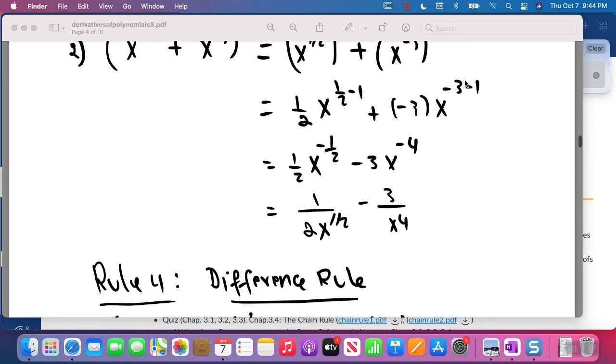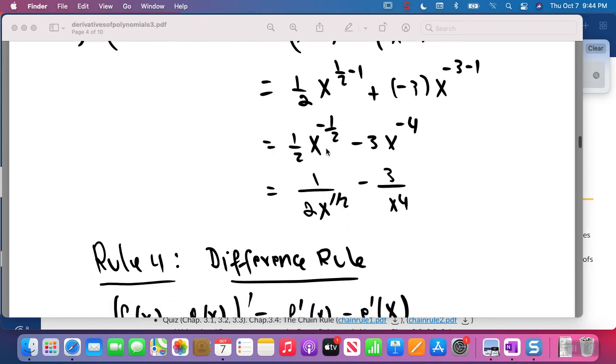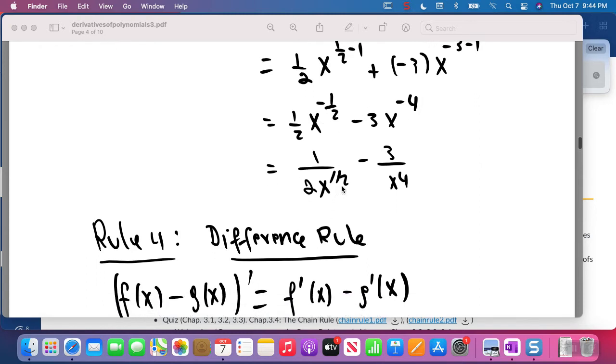So this gives you negative 4 as the exponent of x. Here you have negative 1/2. Most of the time we like to change exponents from negative to positive. So for this case, you just bring those two terms to the denominator, and then change the exponent from negative to positive.